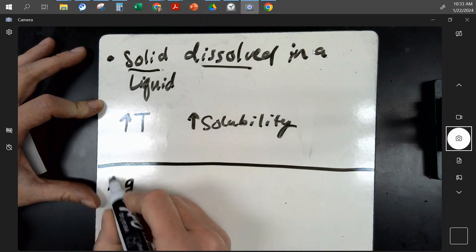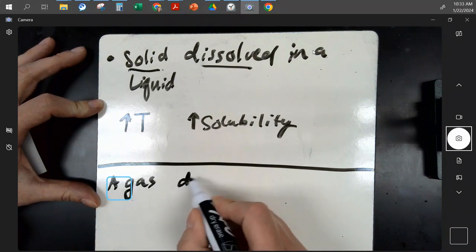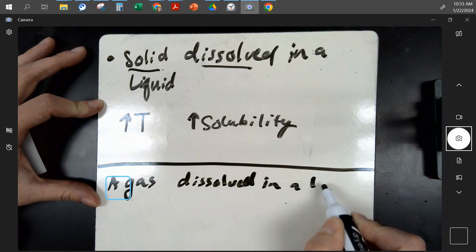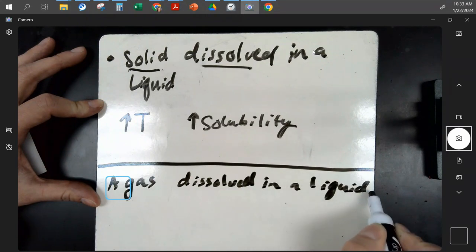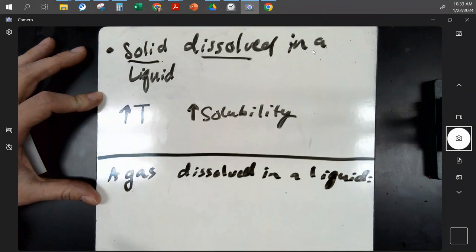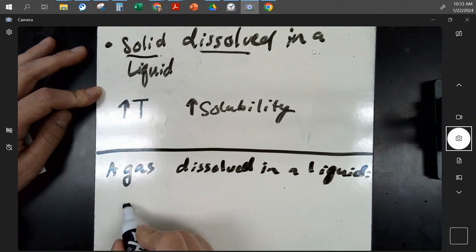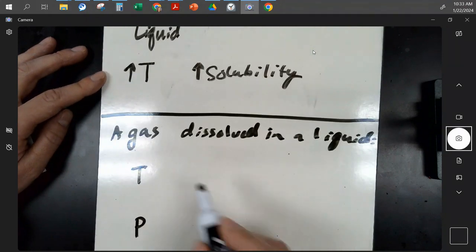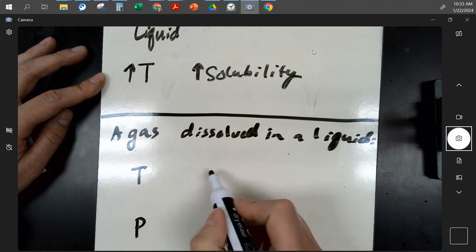So what if we have a gas dissolved in a liquid? Okay. So let's think about temperature, and we'll think about pressure here. And we'll think about what happens to the solubility.